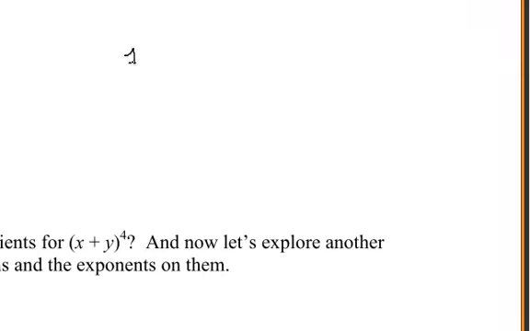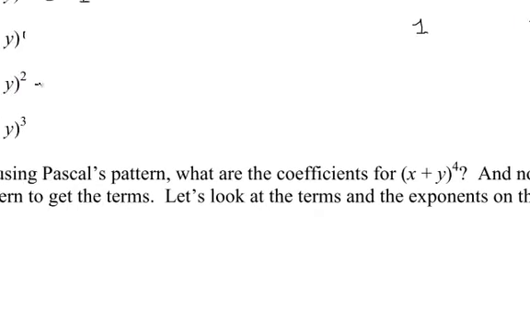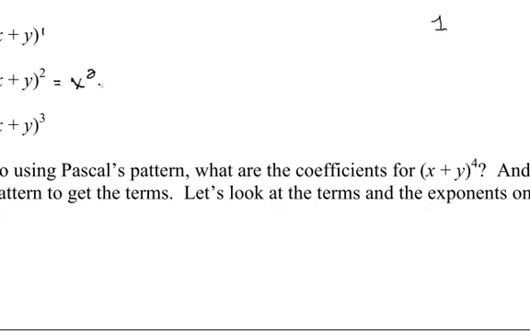So that's my first row, 1. X plus y to the 1 power is 1x and 1y. X plus y squared is x squared plus 2xy plus y squared. So that's 1x squared plus 2xy plus 1y squared.